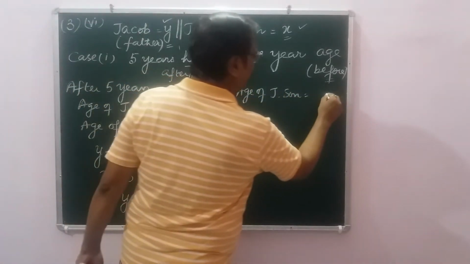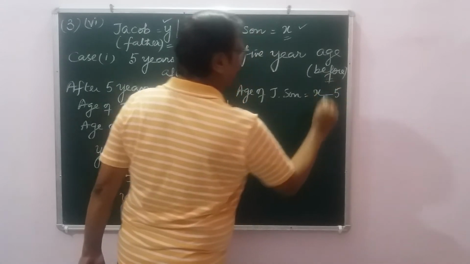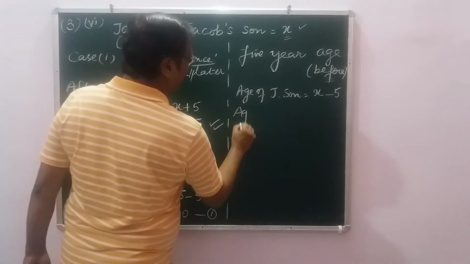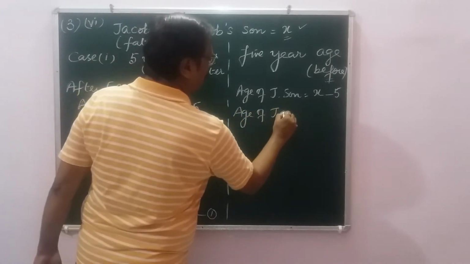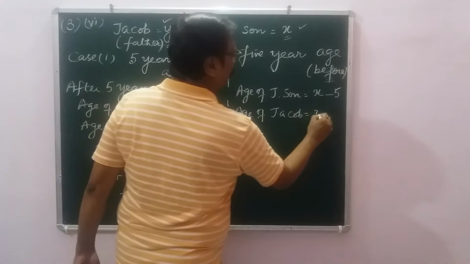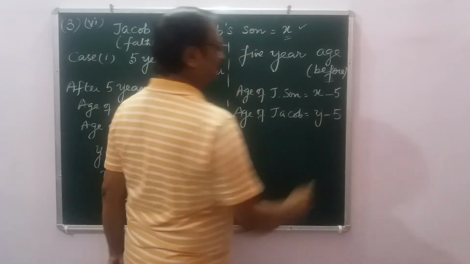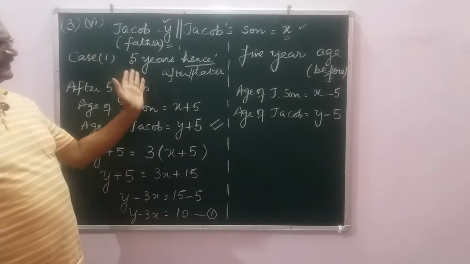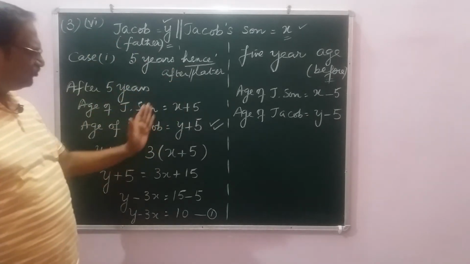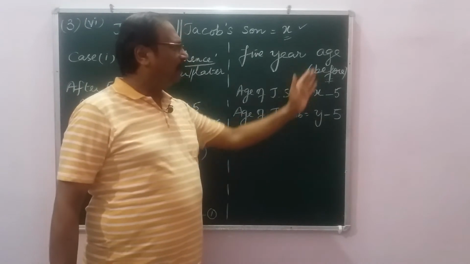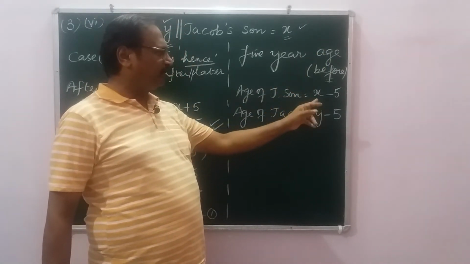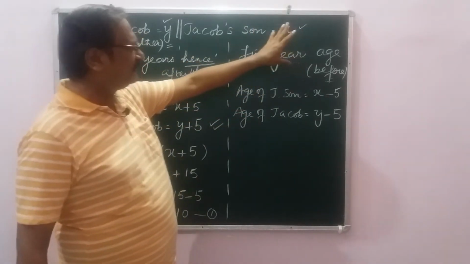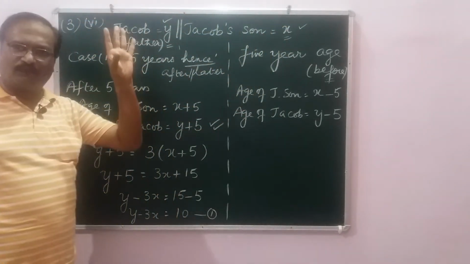That is minus 5, so X minus 5. And the age of Jacob himself will be Y minus 5. Are you clear? There are two things: hence or after, that is plus 5, and ago or before, that is minus 5. The age of the son is X, the age of the father is Y.